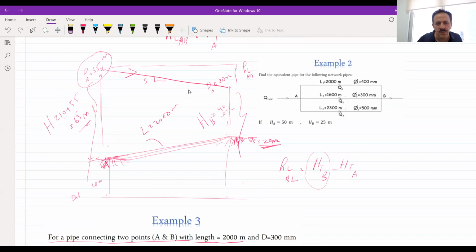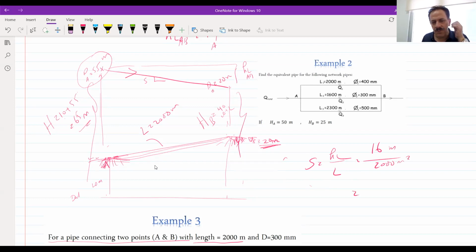Now, can you tell me the value of S? S is equal to head loss divided by length. The head loss is 16 meters divided by the length, which is 2,000 meters, and it will be 8 times 10 to the power minus 3 meter per meter.